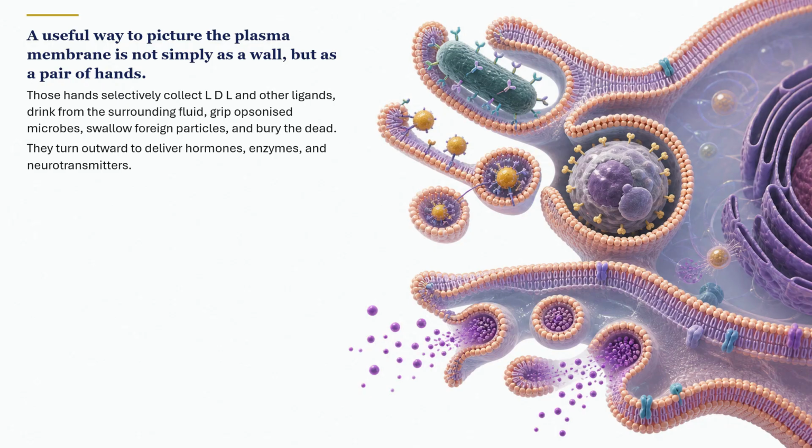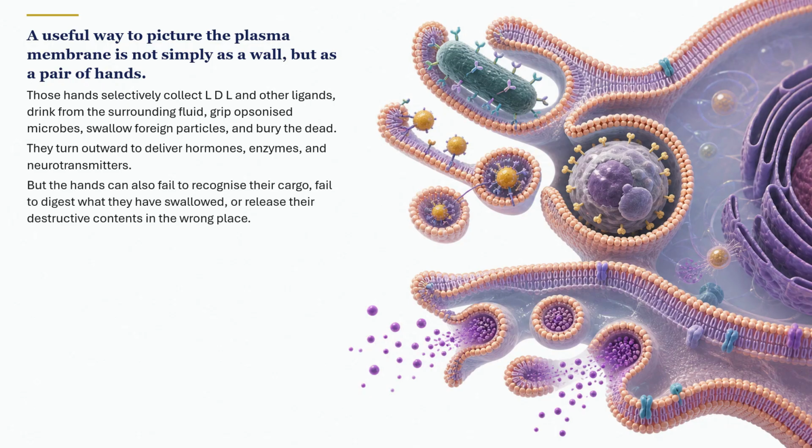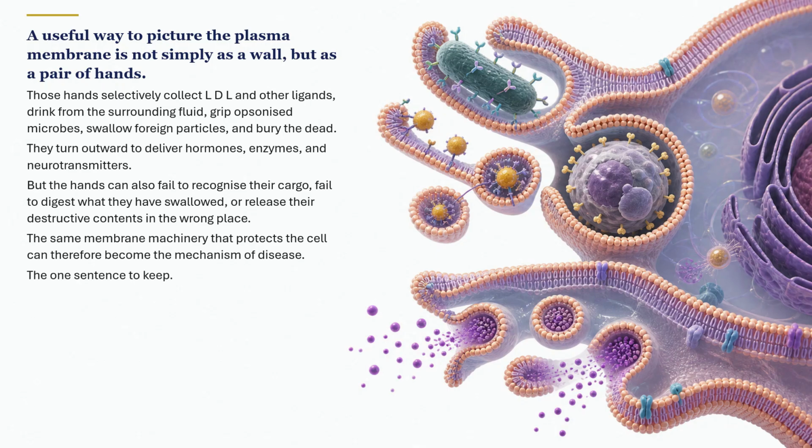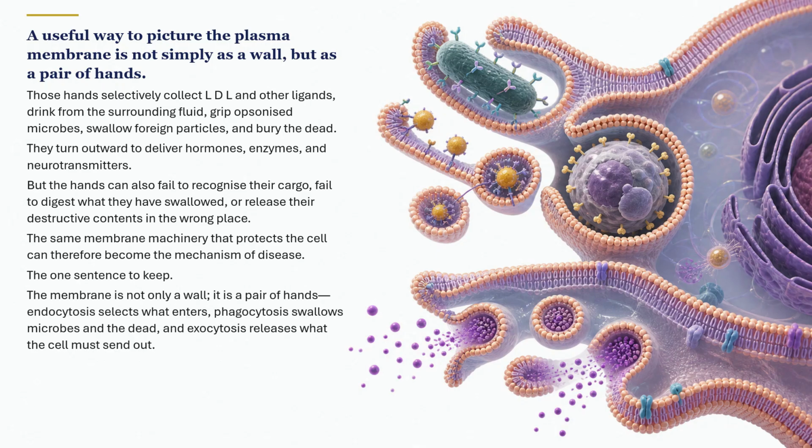But the hands can also fail to recognize their cargo, fail to digest what they have swallowed, or release their destructive contents in the wrong place. The same membrane machinery that protects the cell can therefore become the mechanism of disease. The one sentence to keep: the membrane is not only a wall, it is a pair of hands.